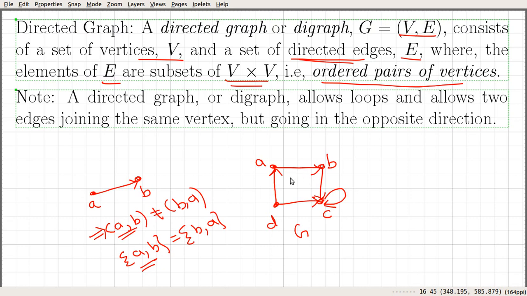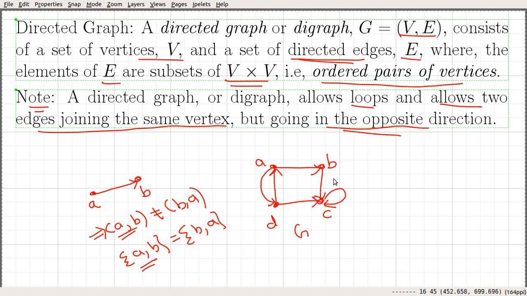We can see that I assigned directions to each and every edge. And here again we have a loop. Okay, and if you want, you can also add one more edge here. But the thing is that it must be in the reverse direction. So that's what this note says. A directed graph or digraph allows loops and allows two edges joining the same vertices, but the thing is that they must go in opposite directions.